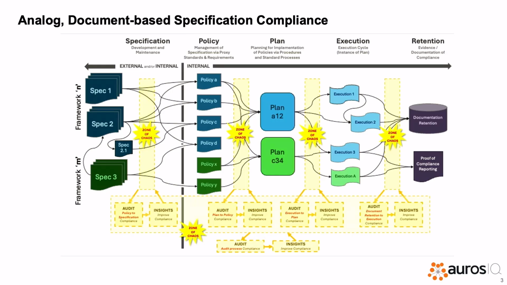And so we talked before in the last presentation about the first two steps, right? Those internal and external specifications, and then those internal proxy policies that enterprises use to comply with them. We didn't really talk about the rest of it, that deploy circle. And so we're going to get to talk about that today.